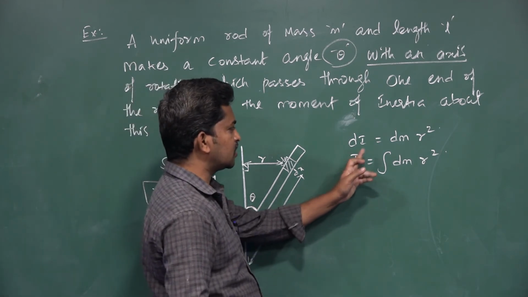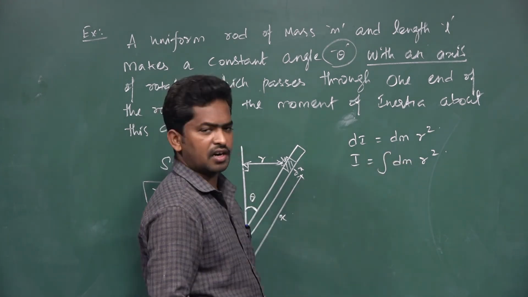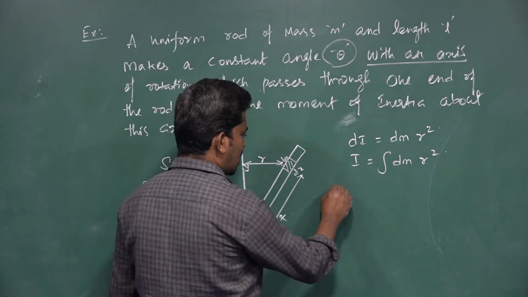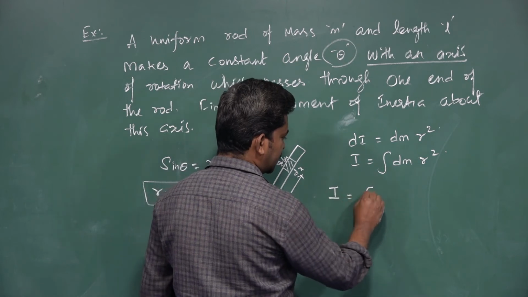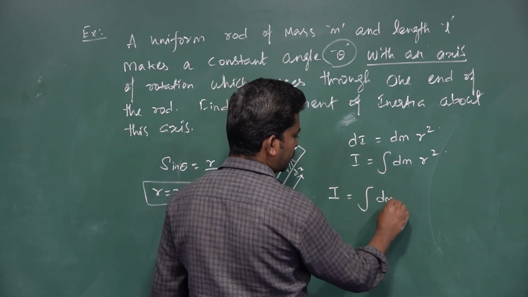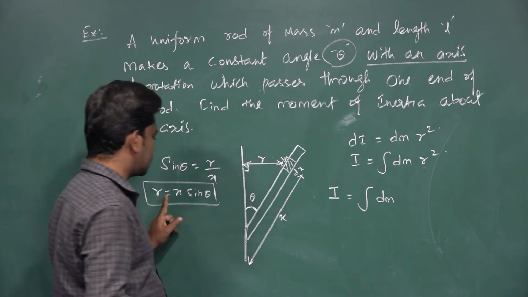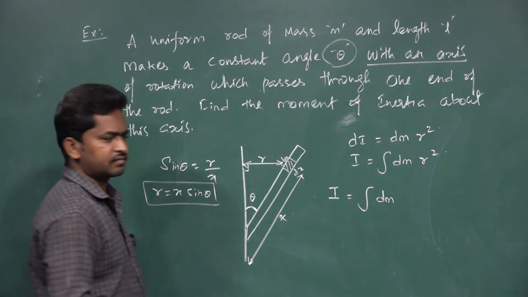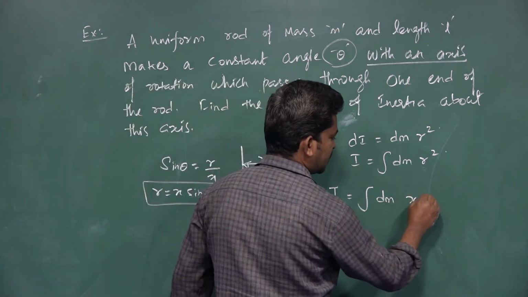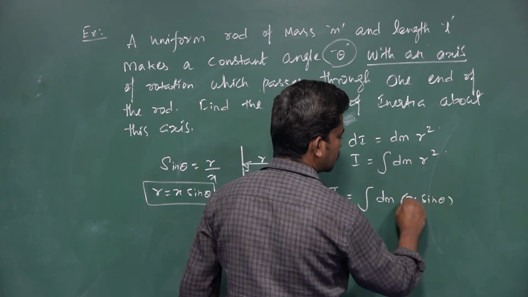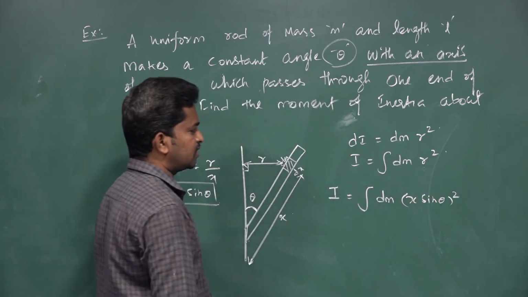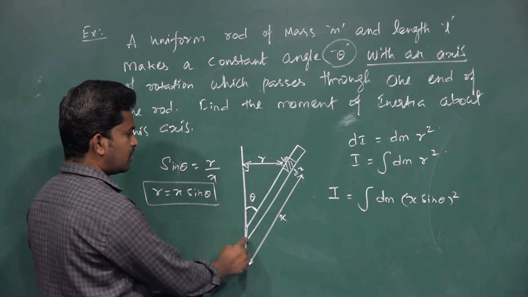So dI is equal to dm r square, and I is equal to the integral of dm r square. What is the r value? r is equal to x sin theta, so it is x sin theta whole square. Now I want to take the limit.